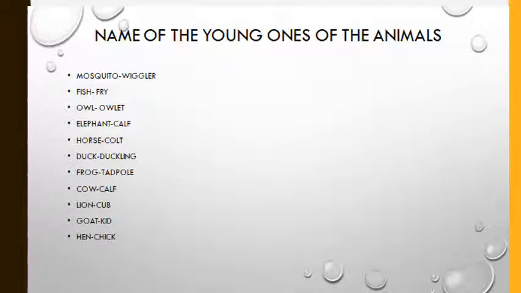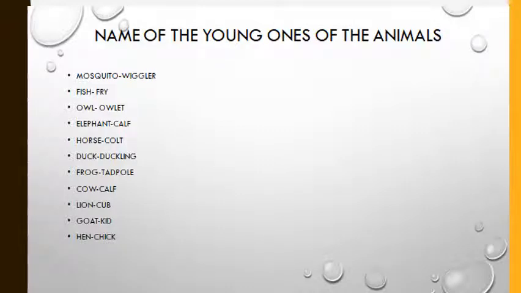The young one of an owl is called an owlet, and the young one of an elephant is called a calf. Next, the young one of a horse is called a colt. Very good. Next, the young one of a duck is known as a duckling. Now next animal, frog.